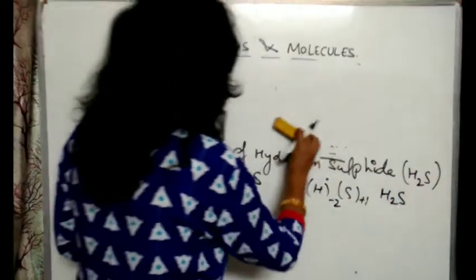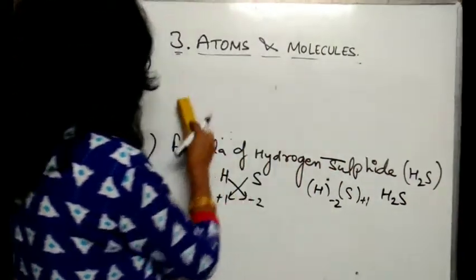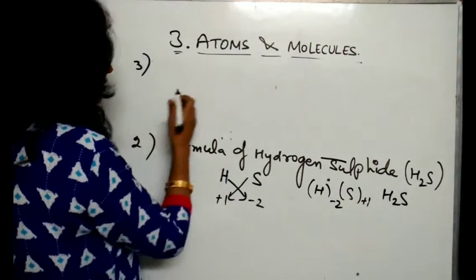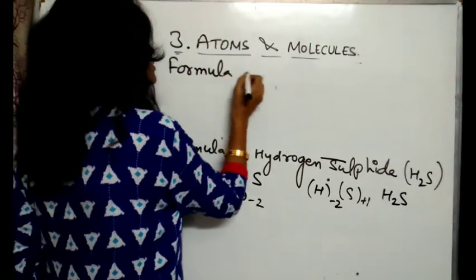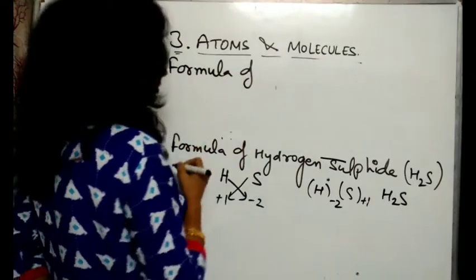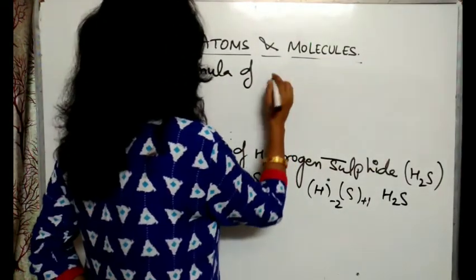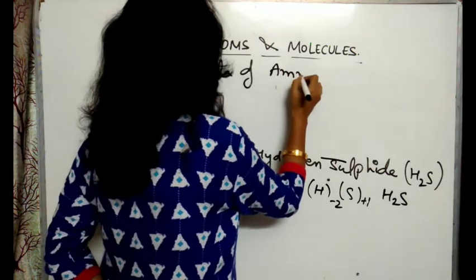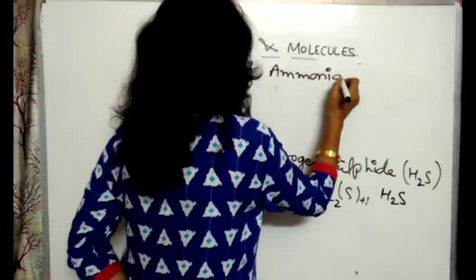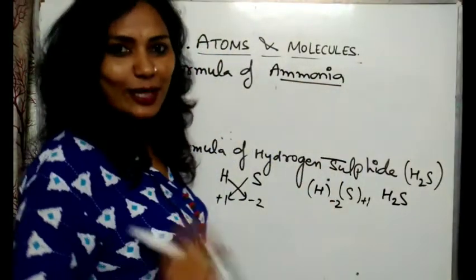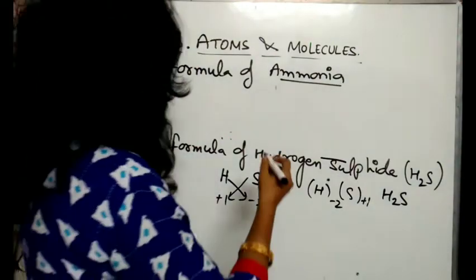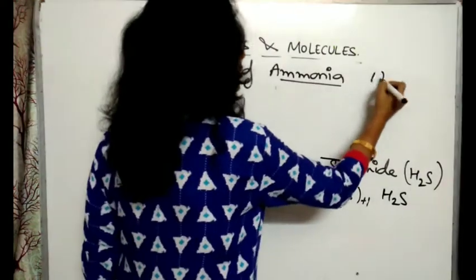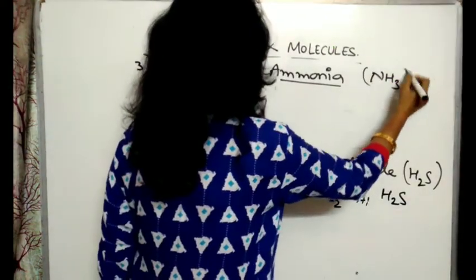That is the main information given by it. Third, we take the formula of ammonia. Ammonia contains nitrogen and hydrogen, so the formula of ammonia is NH3.